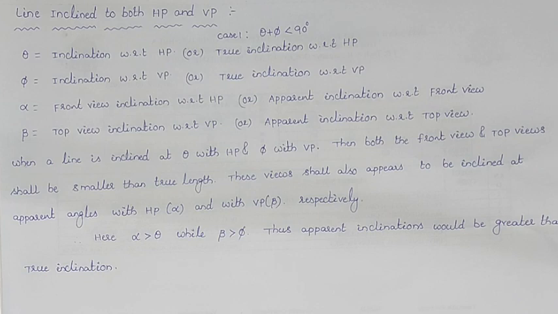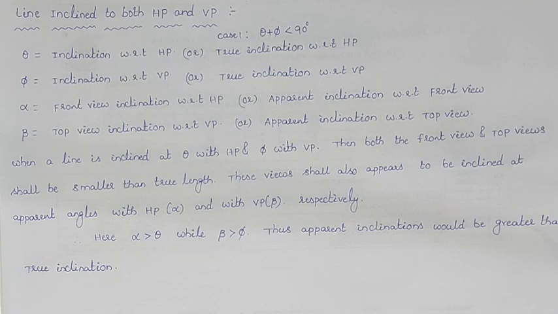Similarly, apparent inclination of the top view, beta, is always greater than phi, the true inclination with respect to VP. So the apparent inclinations will be greater than the true inclinations in case of a line inclined to both HP and VP.